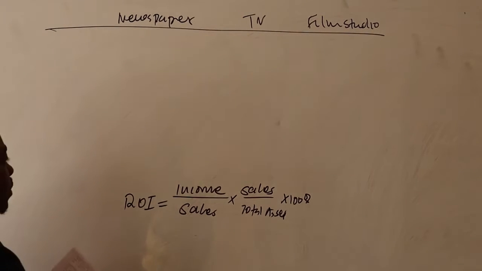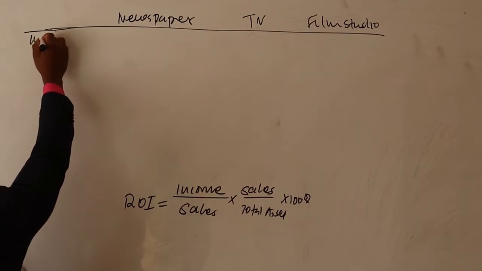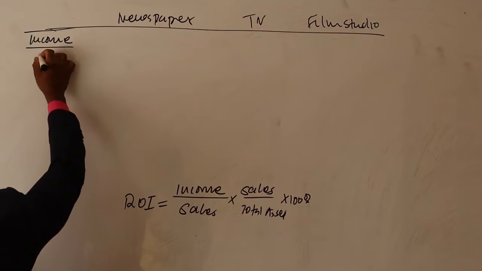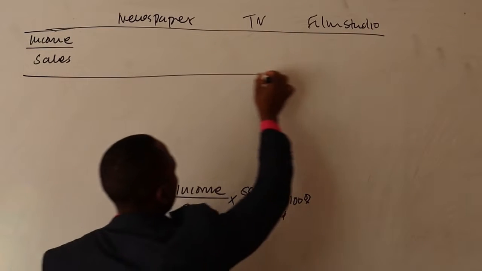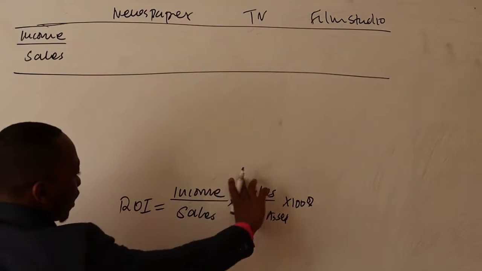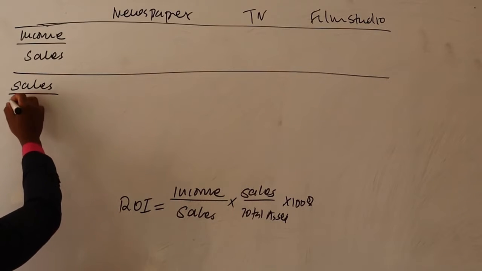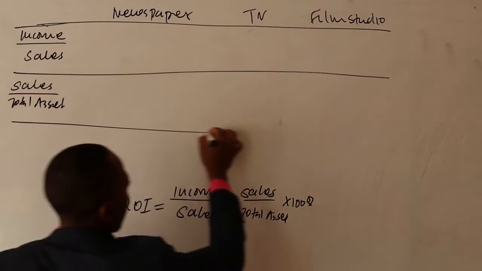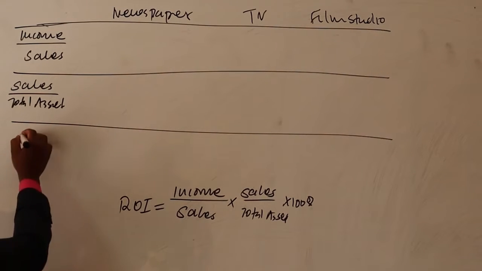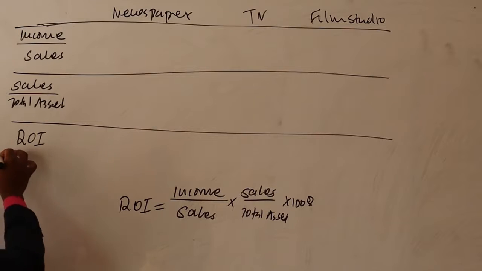In this case, first of all, we determine income divided by sales, then you multiply by sales divided by the total assets, so that now we can compute return on investment. As simple as that.